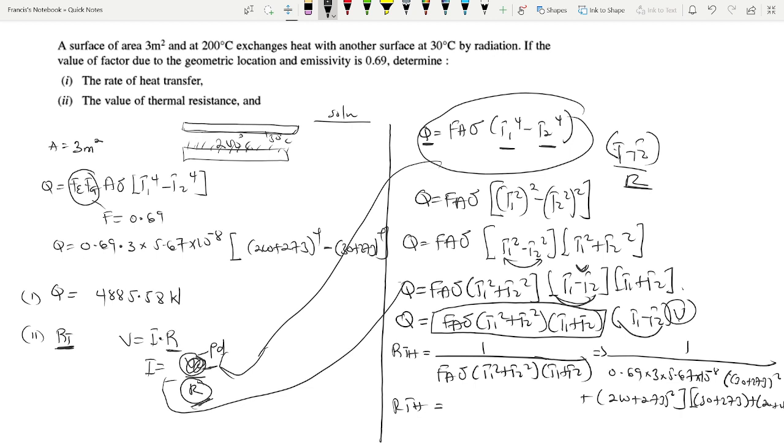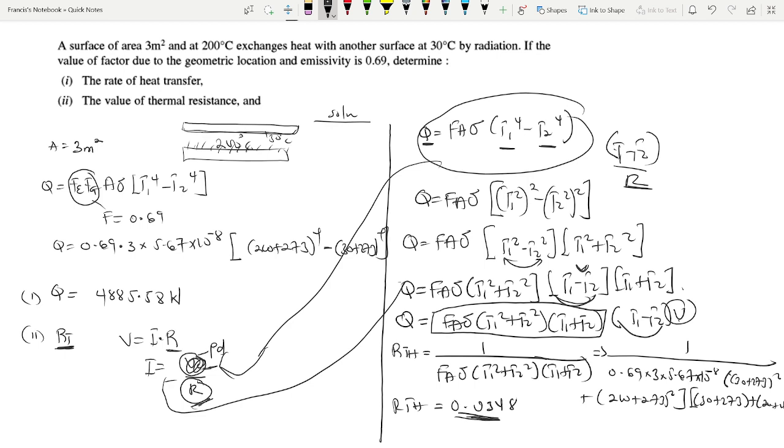Now we get our answer to be 0.0348. So this becomes our resistance.